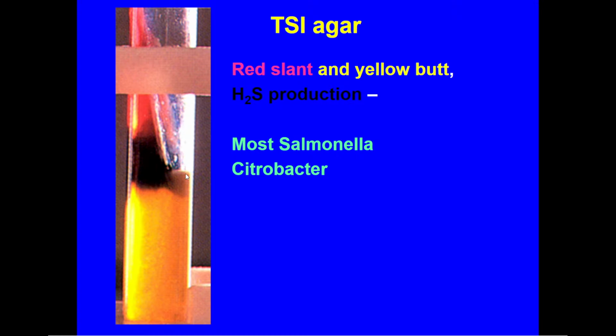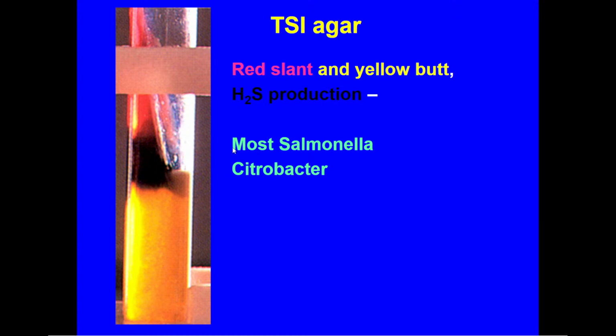But then, here you can see the ability of these bacteria to produce hydrogen sulfide by decomposition of cysteine, histidine, and some other amino acids that contain sulfur.